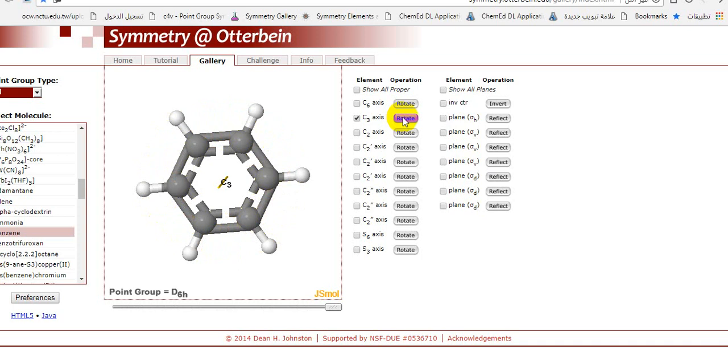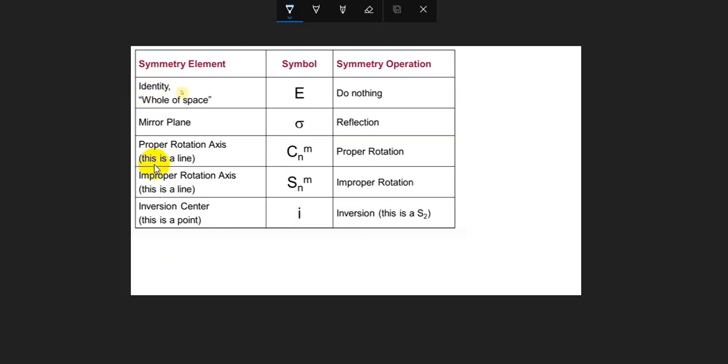And we have C6, 60 degrees, on the Z axis. Here, this atom moves to this atom. Okay, now we know about the proper axis and identity. We take identity and proper axis Cn^m.